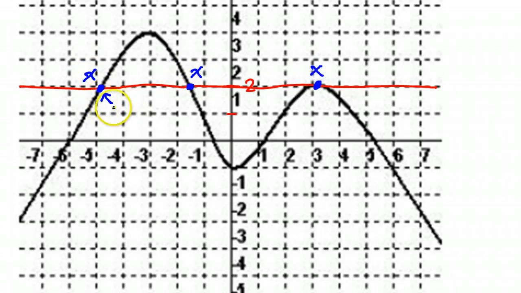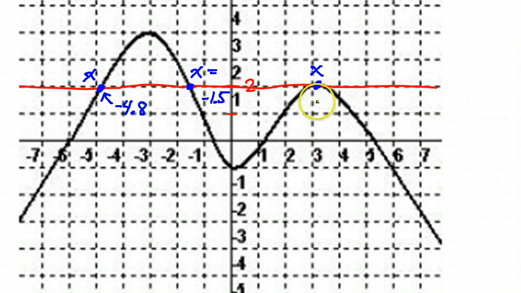This x value seems to be, let's see, -1, -2, -3, -4. This is like -4.8 or something like that. This one is about -1.5.